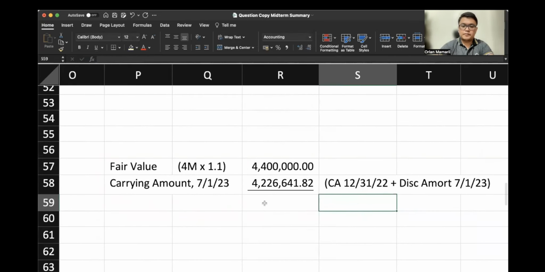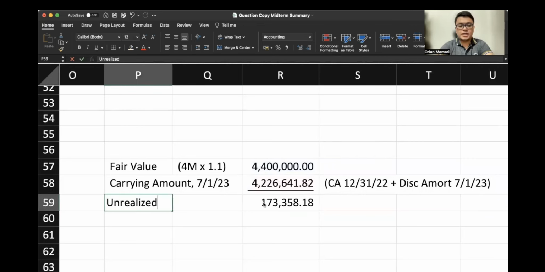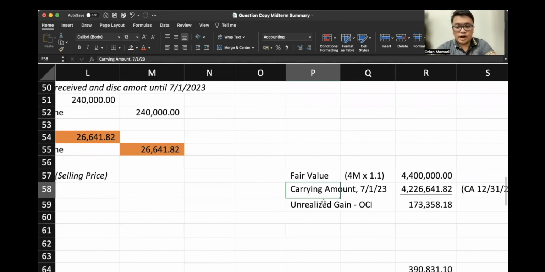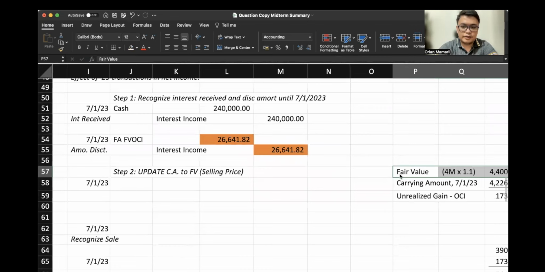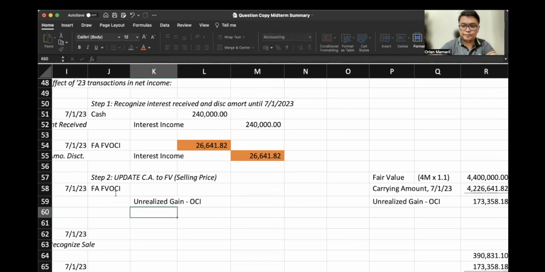Right. So this would be our unrealized gain, OCI. We have updated our unrealized gain or our carrying amount to match the selling price. So we will increase our financial asset at FVOCI and have a corresponding credit to unrealized gain, OCI.